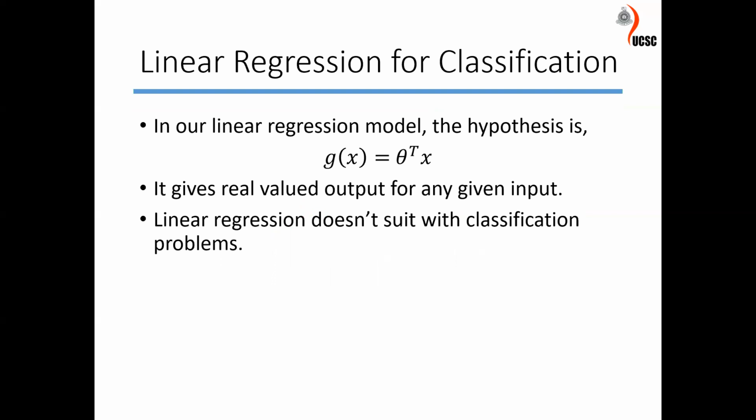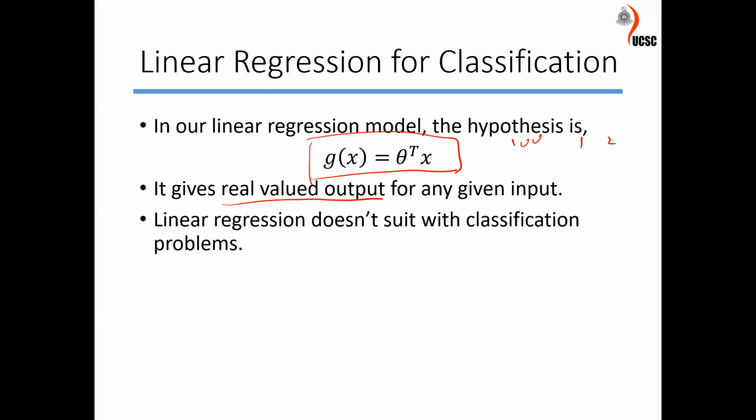So in our basic linear regression, we can write our hypothesis as theta transpose X, right? That basically gives a real value, any number like 100, 1, 2.